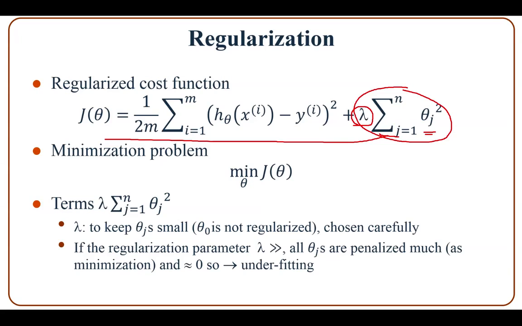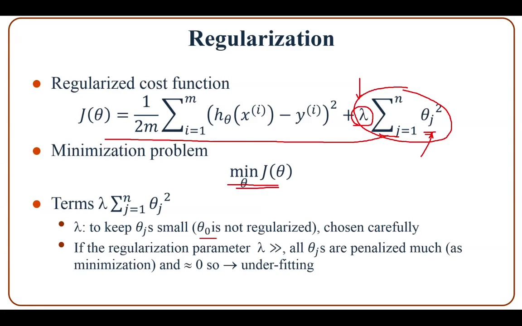Notice that this is a minimization problem, right? So this lambda is big, so when you minimize the cost function, it helps to shrink, or reduce, the parameter theta j.